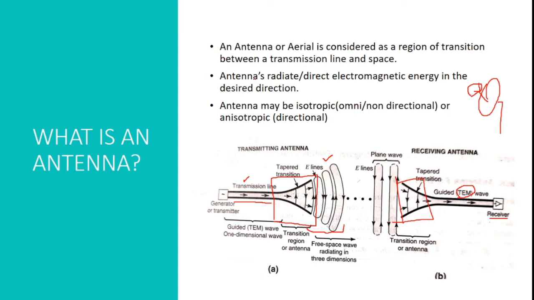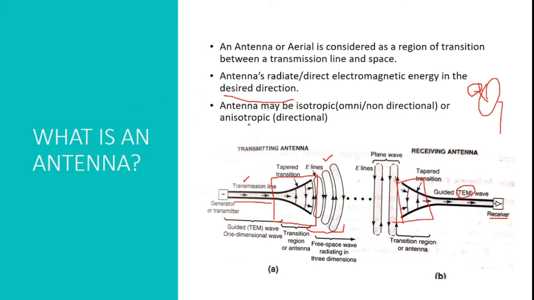So we can also define an antenna as one that radiates or directs electromagnetic energy in the desired direction. So it is not only that it radiates energy in all directions, we can also design antennas that can transmit energy or receive energy in one particular direction.